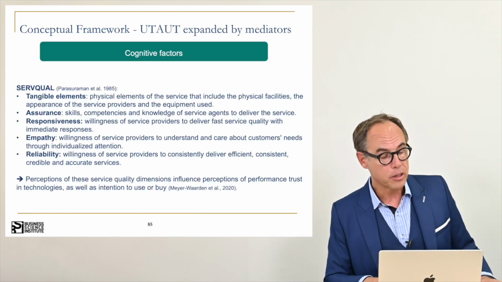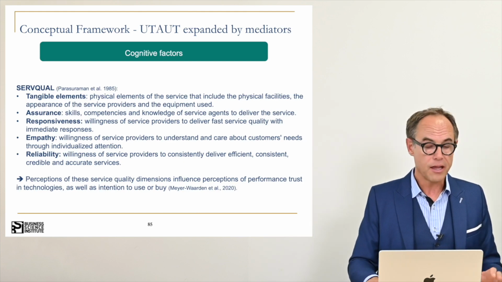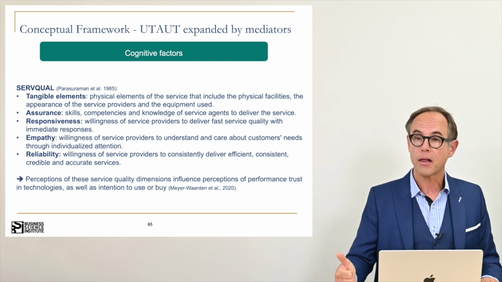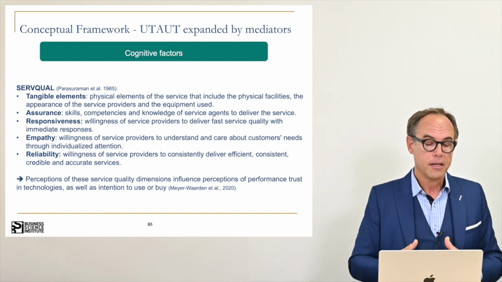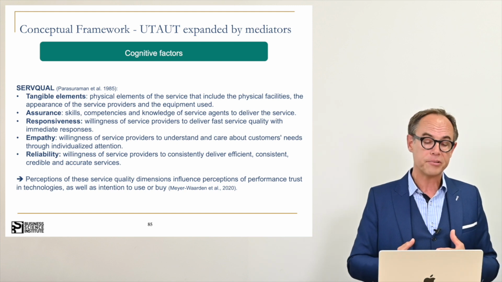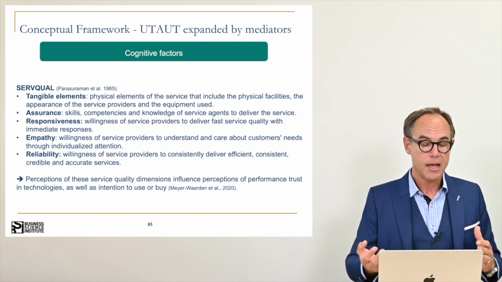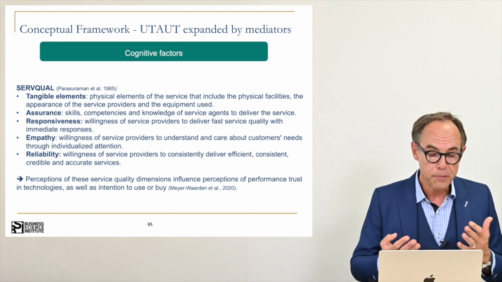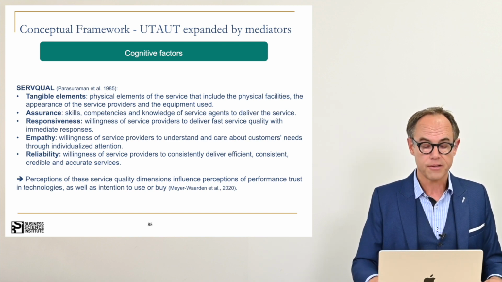We enhance our model with service quality theories, around SERVQUAL, which integrates tangibles, the physical elements of the service provider, the service robot or the chatbot or the autonomous car; assurance, the skills and competences of the provider; responsiveness, the willingness to deliver fast service; empathy, the willingness to provide customer care and individualized attention; and reliability, the willingness to deliver efficient, consistent, credible service.